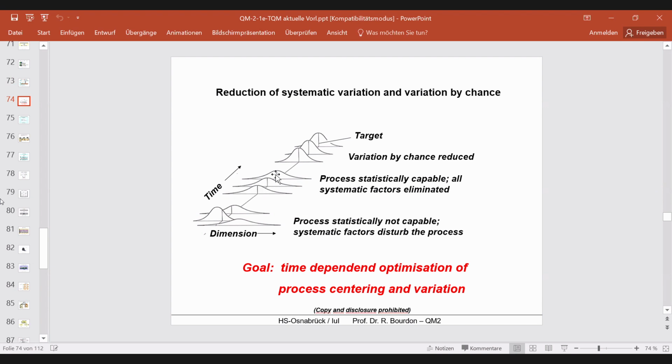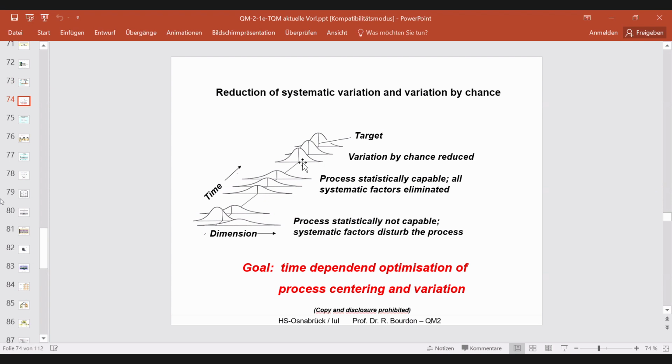If the process is under statistical control, maybe the variation is too big. Then the goal is to reduce the variation, to make the variation smaller. This is the goal that you have in every quality method.